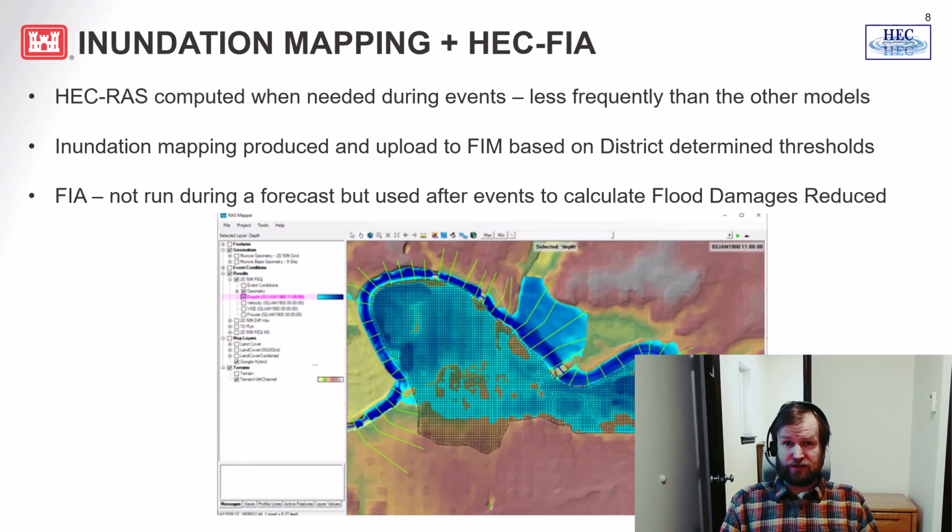So the district has determined at what stages to create the inundation maps. FIA is not run during a specific forecast, but it is used after events to calculate flood damages reduced. So they'll look back to see what damages were reduced by the projects being present and holding back water during the event.